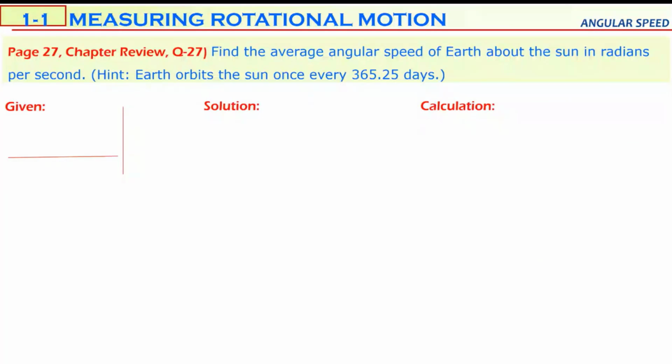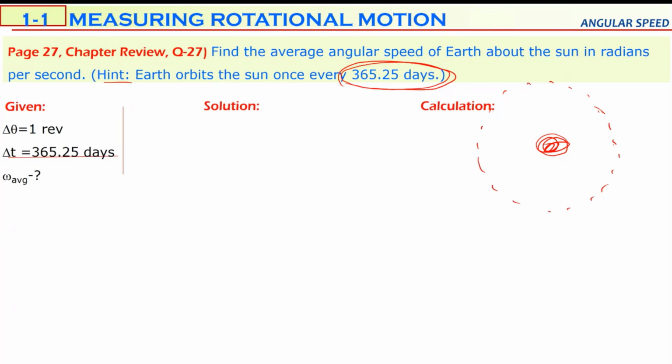Find the average angular speed of Earth about the Sun in radians per second. Hint: Earth orbits the Sun every 365.25 days. This is the Sun. Earth is revolving around the Sun, and this revolution takes 365.25 days.